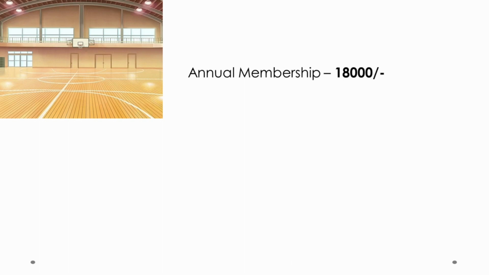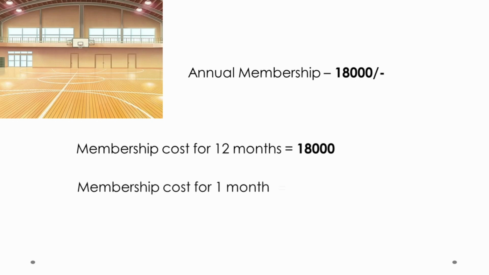For that, he will have to calculate the cost of 1 month's membership first. Let's do that for him. Membership cost for 12 months is 18,000. Membership cost of 1 month would be 18,000 divided by 12, which is 1500.